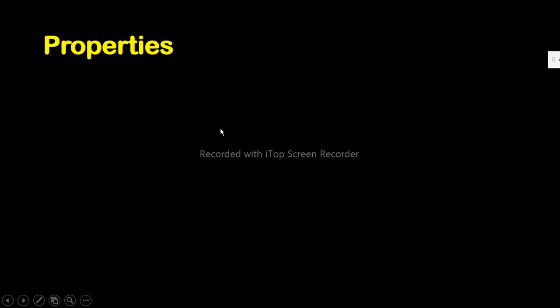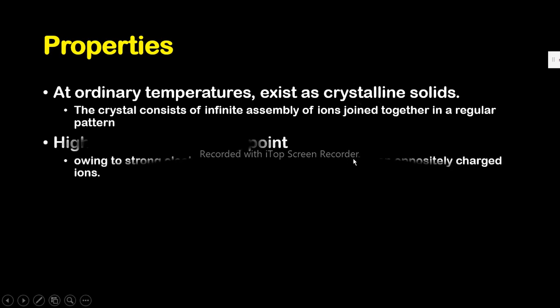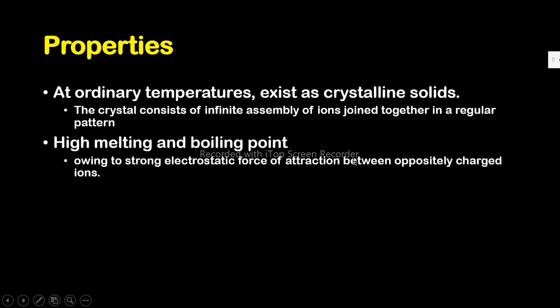Okay? So, properties of ionic compounds: they are crystalline solids at room temperature. Why? Because they have high melting points that cannot be overcome at room temperature. Their crystals consist of an infinite assembly of ions joined together in a regular pattern.